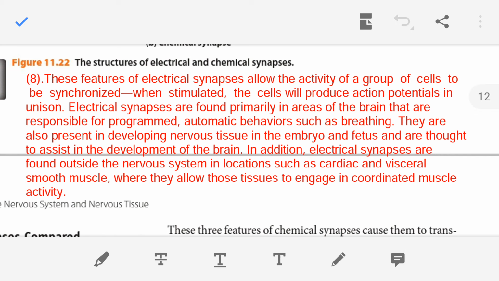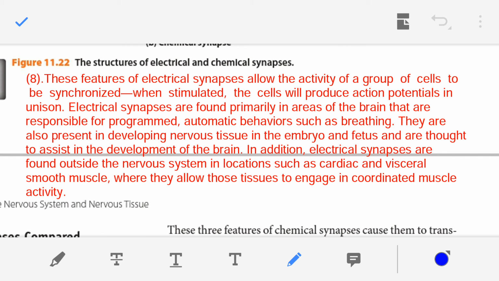Now, in addition, electrical synapses are found outside the nervous system, in the cardiac and visceral smooth muscle. In our heart, we know there are a total of 4 chambers, 2 atria and 2 ventricles. In the walls of the atria and ventricles, these electrical synapses are present.